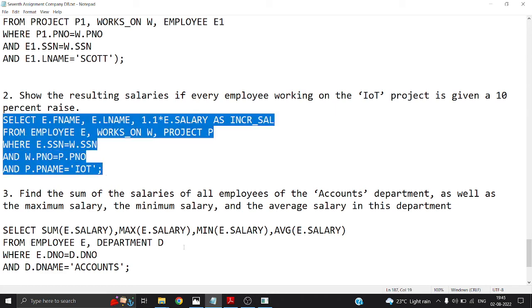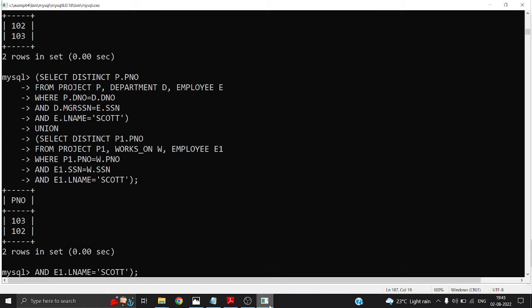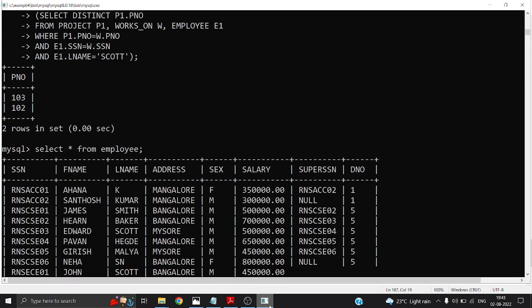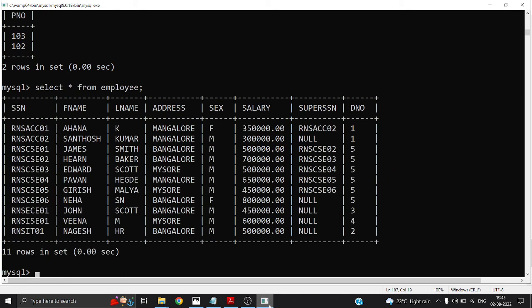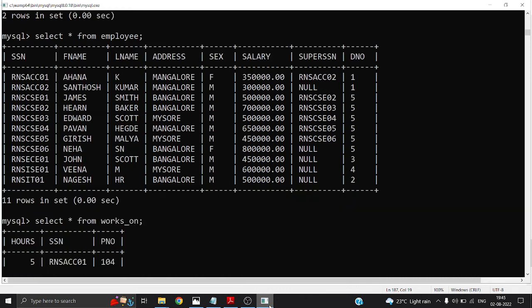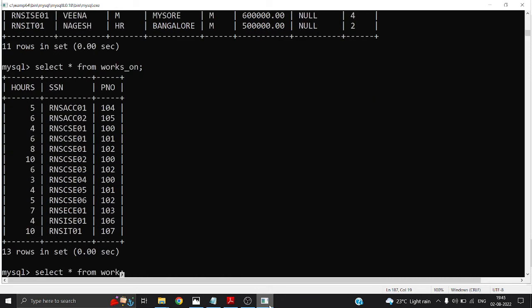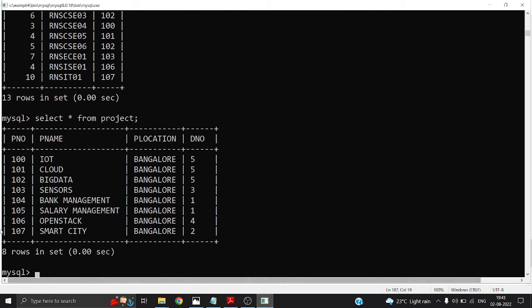Now before executing this, I want to display the first table, employee, then works on information, then project information, so that you get to know who are the employees working on the IoT project. The IoT project number is 100.